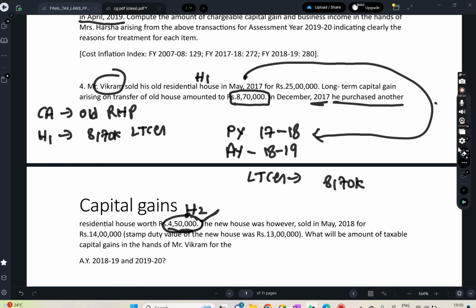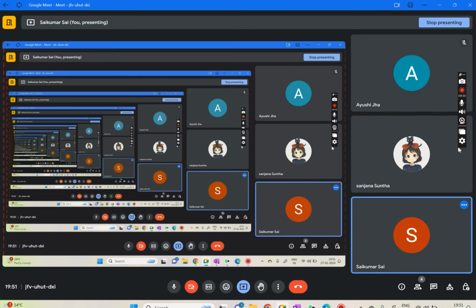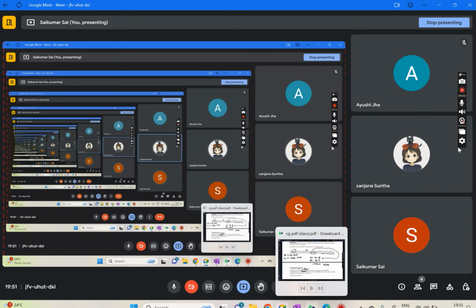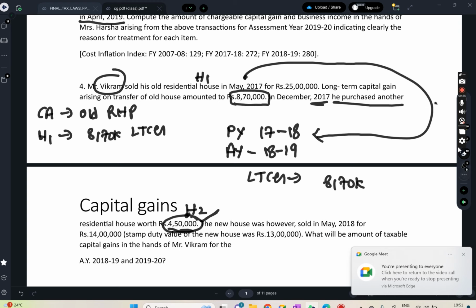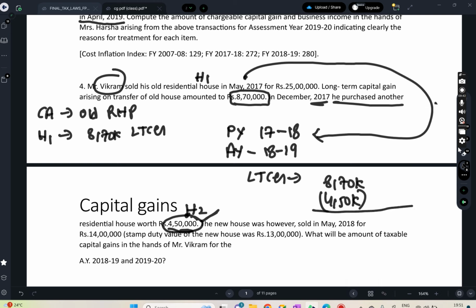Yes, the second house I can claim this exemption, which is 4,50,000. Then I have to pay tax only on 4,20,000, that is 870 minus 450. This happened in assessment year 18-19.